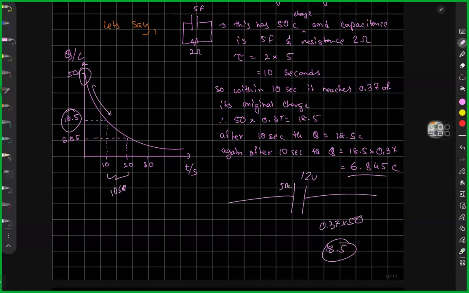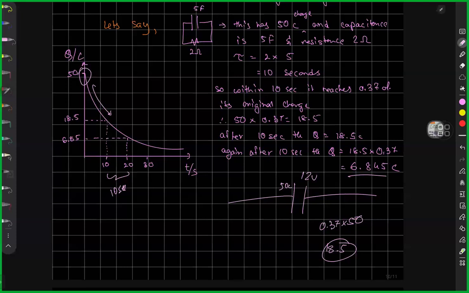It's similar to that, but this is not half-life. Don't take me wrong. Does this look like half anyhow? Half of 50 is 25, not 18.5. This is 37% of its value, not half-life.